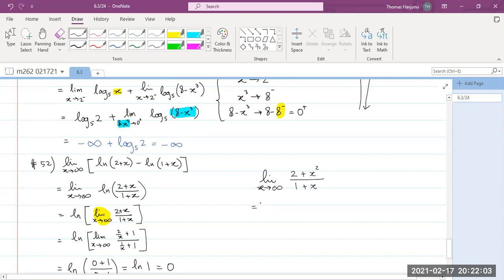Now this will be the limit as x goes to infinity of 2 over x squared plus 1 over x plus 1, oh, I'm sorry, 1 over x squared plus 1 over x. Now, when x goes to infinity, what happens to 1 over x?